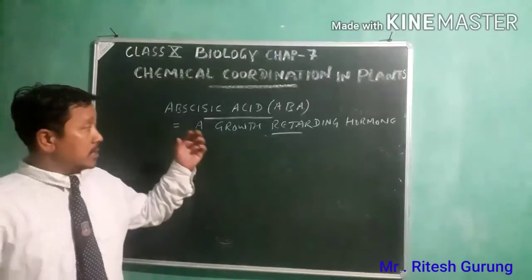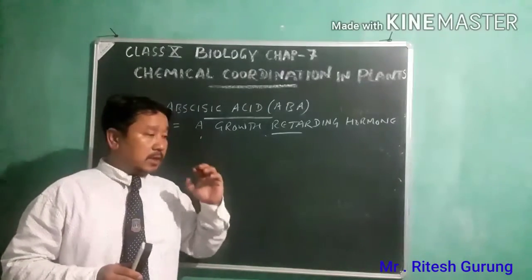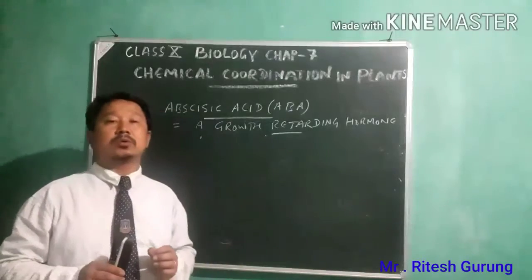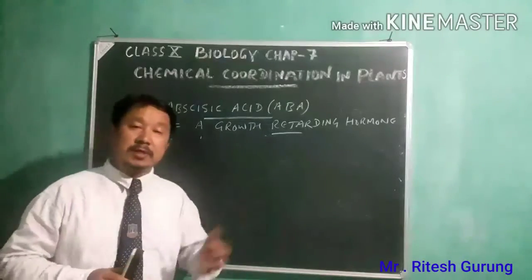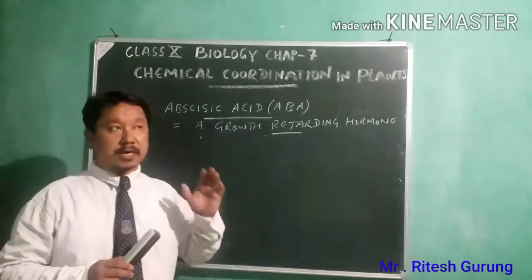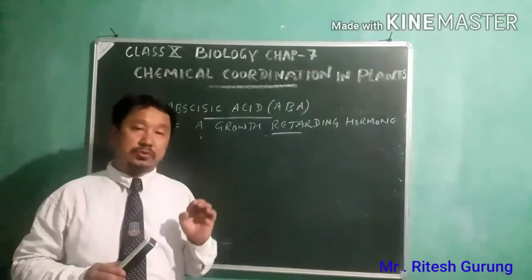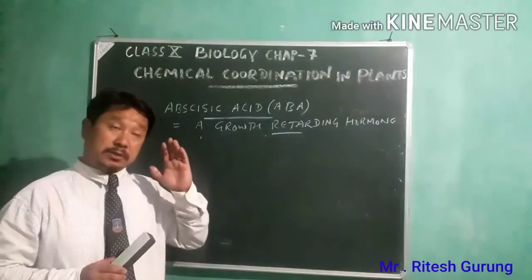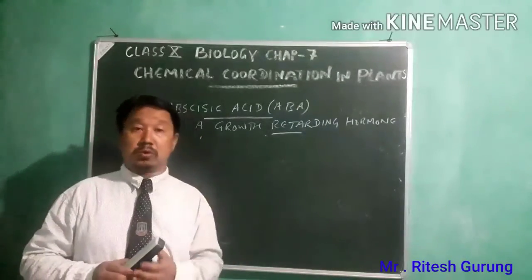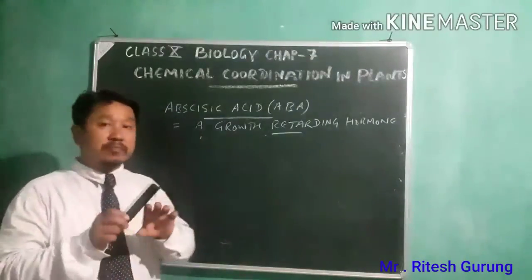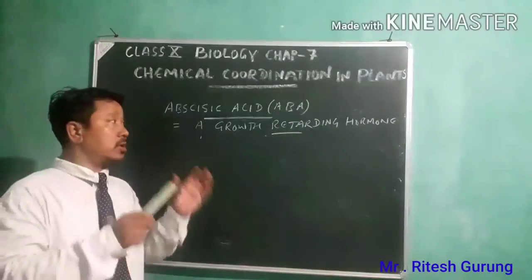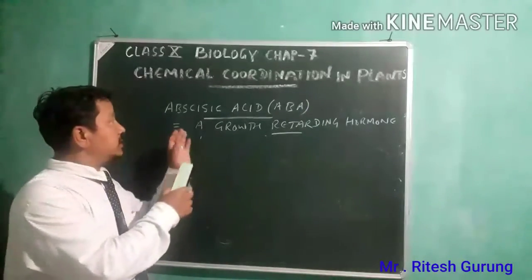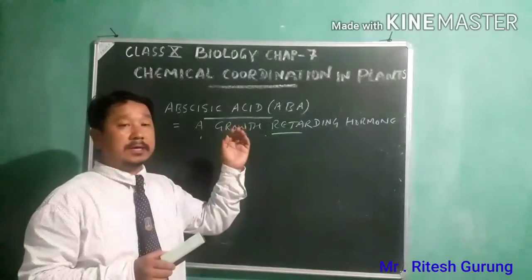This hormone is the one which actually suppresses the growth of the plants, because there are many other hormones which we also talked about, like auxins, gibberellins and all, and they are the ones which promote growth. But in order to balance it out, there is another hormone, abscisic acid or ABA.